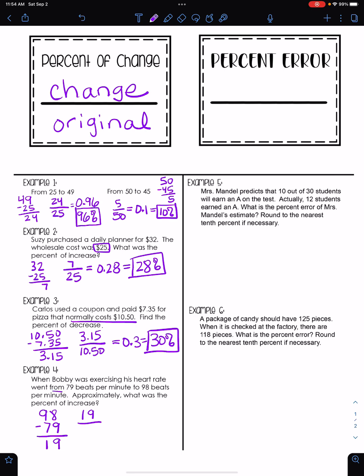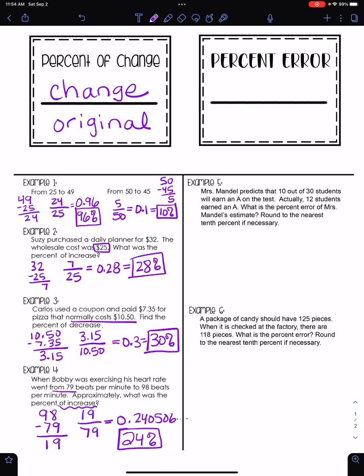So it went from 79, and it also says that it increased, so we know the original is the smaller number. So I'm going to go ahead and put this in my calculator, 19 divided by 79, and here we go with a not so nice one. I get this big, huge number. Just keeps going on and on and on in my calculator. It does not tell you what to round to, but I would say to the nearest whole percent probably. So we'll do 24% there.